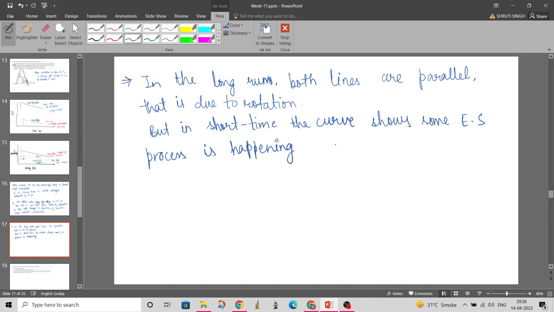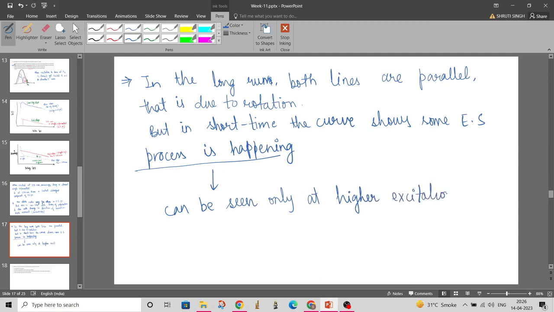And this excited state process can be seen only in the blue edge, only at higher excitation energy.